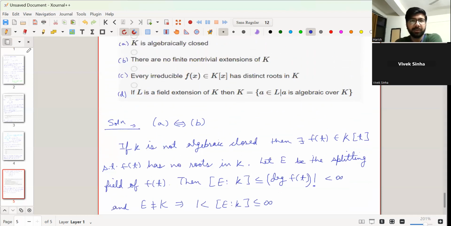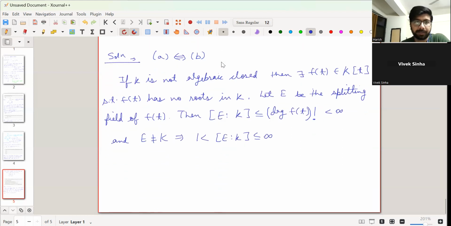Because we want a non-trivial extension, right? So this implies E is a finite non-trivial extension of K. So we assume that if K is not algebraically closed, then there is a finite non-trivial extension of K.